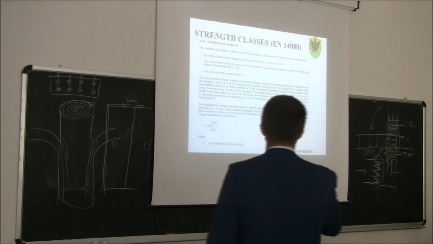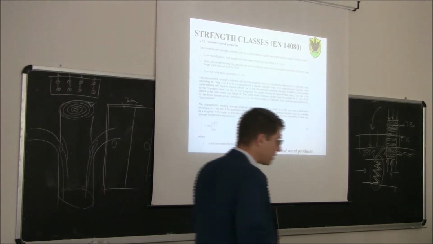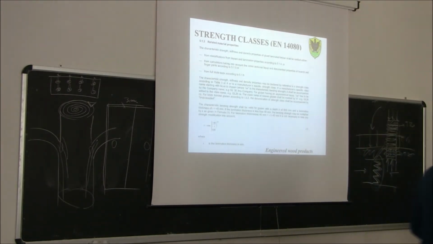One option, from classifications from layout and lamination properties. So we will see that the regulation suggests some typical configurations of glue-lam members, and if the producer of glue-lam members complies with this typical configuration, he already knows that this glue-lam will be assigned to a certain strength.